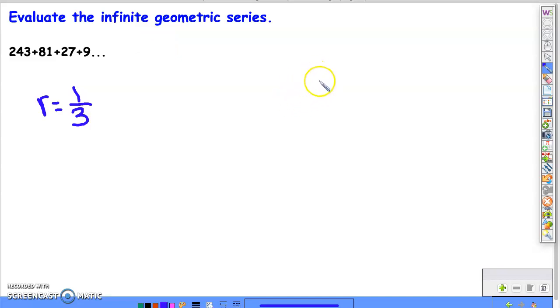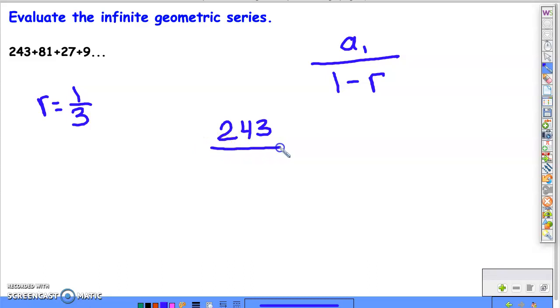And the formula for a geometric infinite sum is a1 over 1 minus r. So our a1 here is 243 divided by 1 minus our rate. So really we have 243 divided by 2/3.